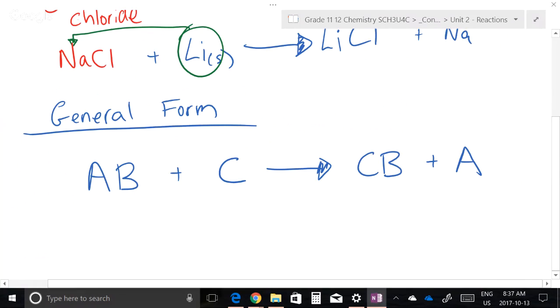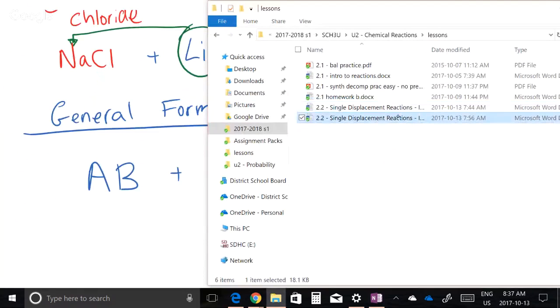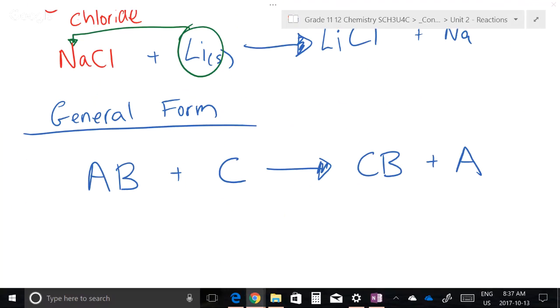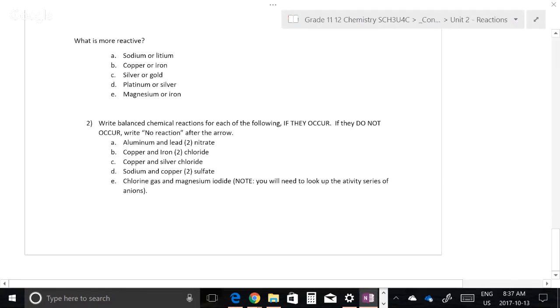When you're looking at a reaction, what will be the giveaway that you're looking at a single displacement reaction? I mean, before the reaction happens, if somebody's telling you to do a lab and they say they're doing this reaction type, how will you know it's a single displacement reaction?